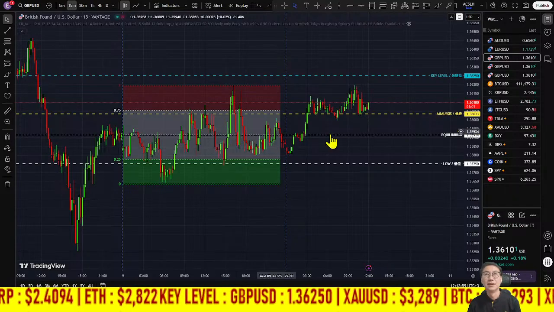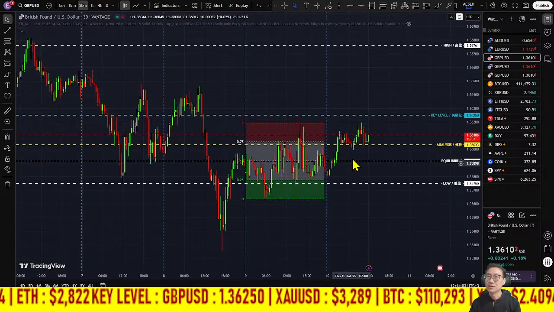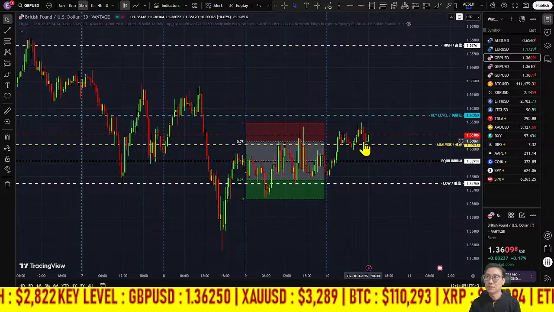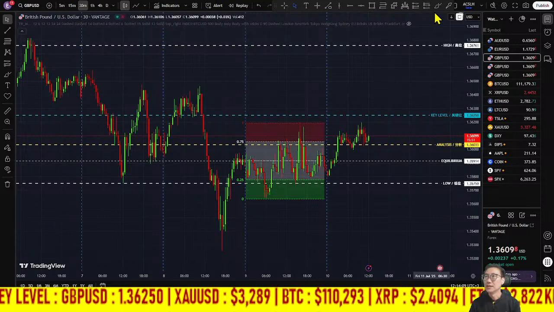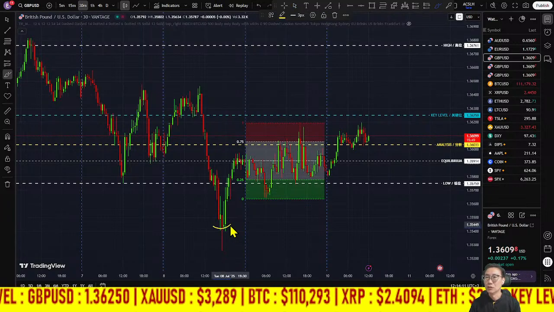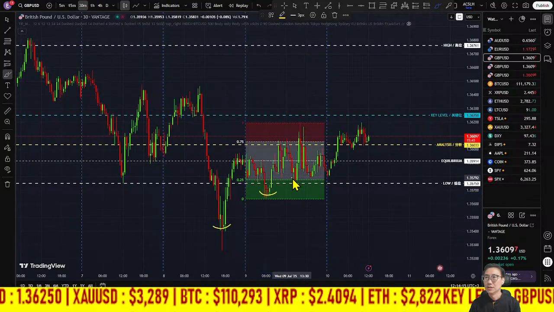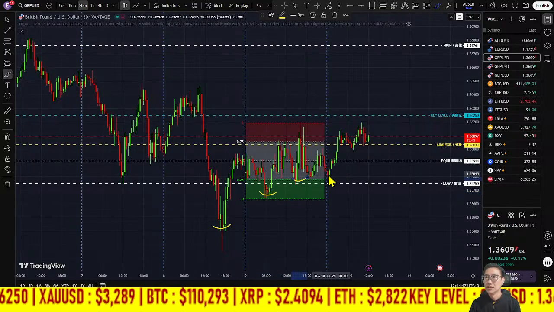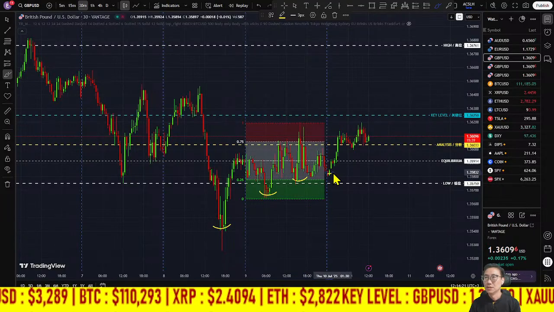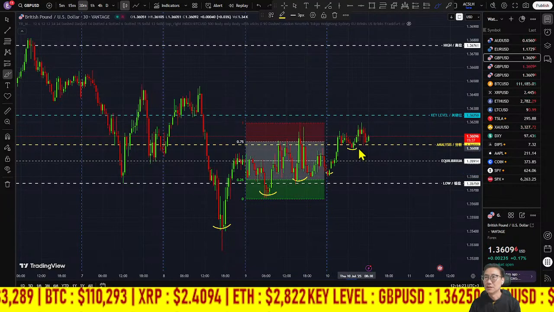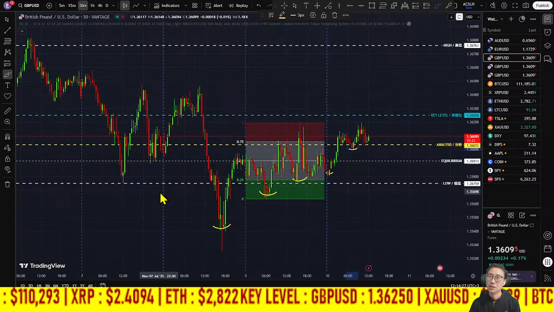If we are basing on this M30 support from this area here, it looks like a low here, a higher low here, another higher low here, creating a test on the equal lows, and then this will still be one of the higher lows.